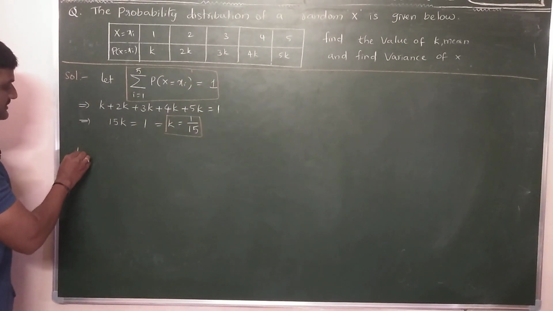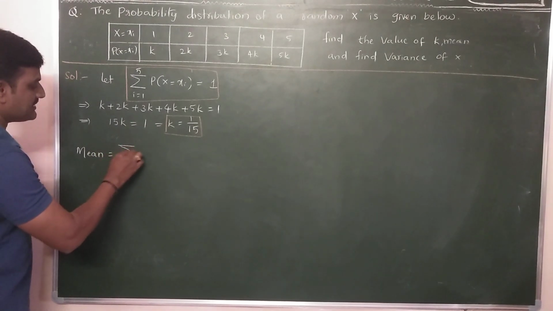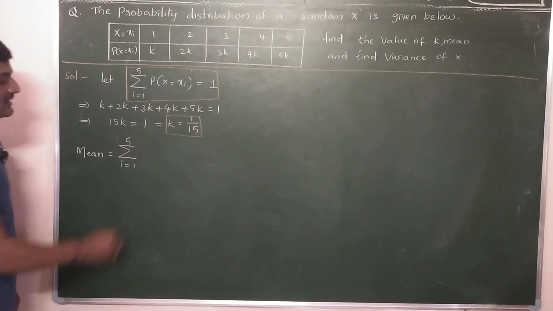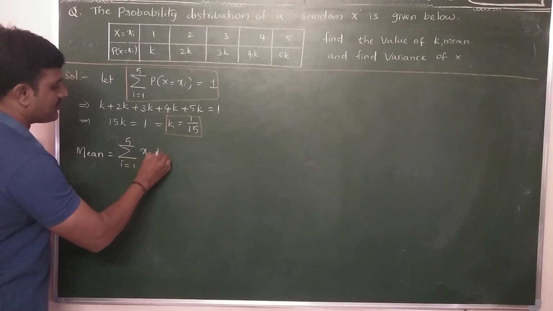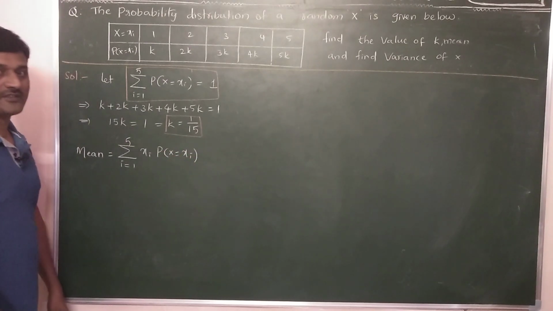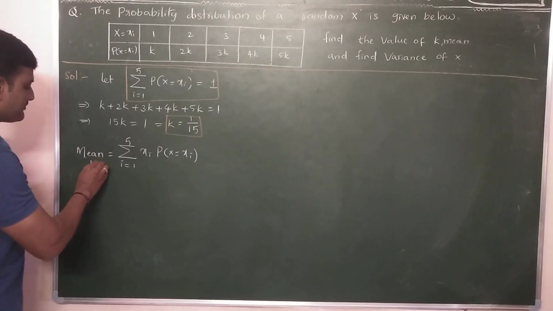The mean formula is mean equals summation i equals 1 to 5 of xi into probability of x equals xi. This is the mean actually. Mean is denoted by mu.